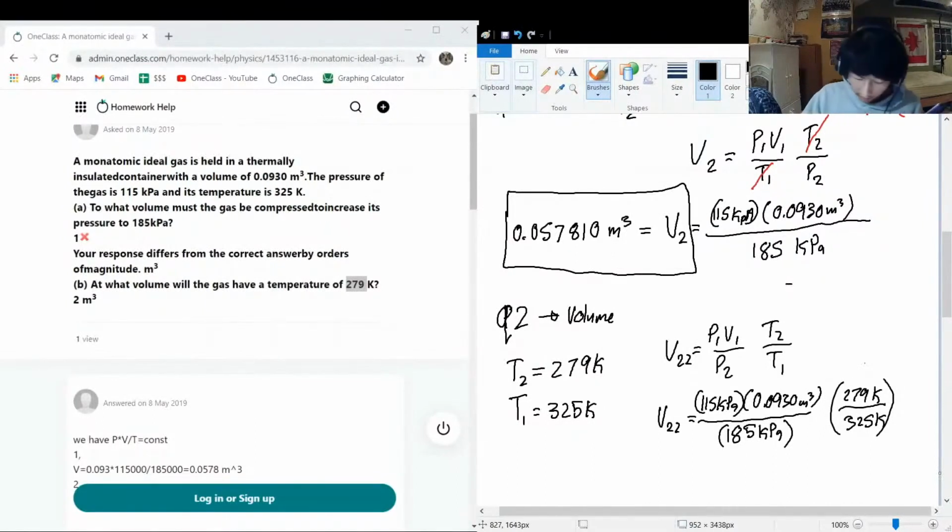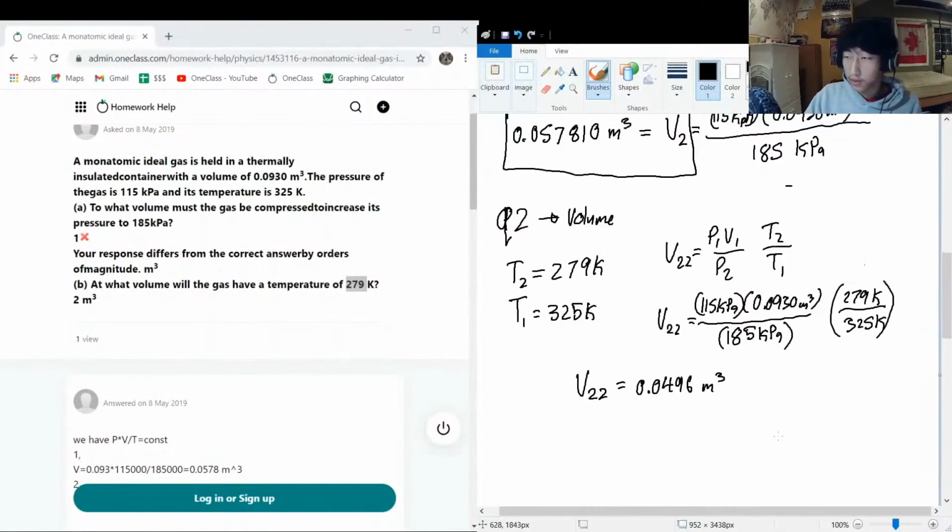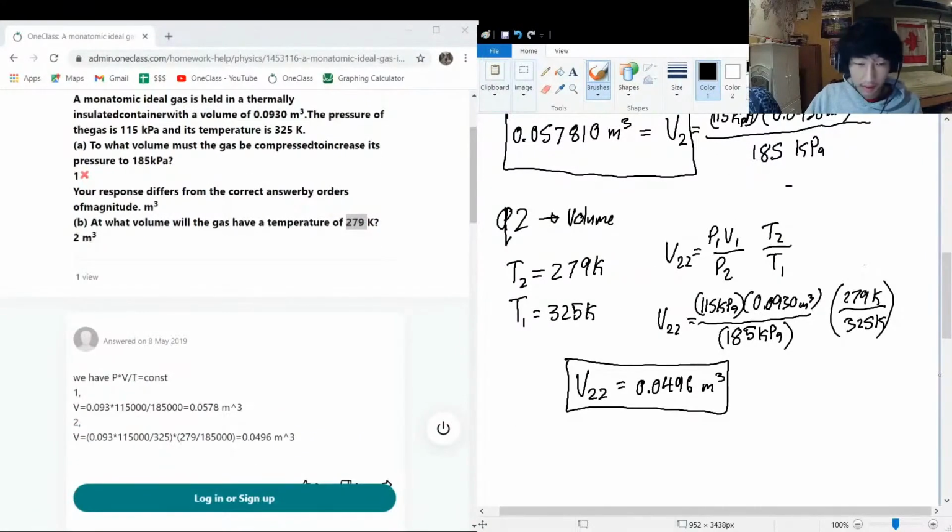The result that I calculated was V22 is equal to 0.0496 cubic meters. Okay, so this would be the result for our question here. Sounds good. And we calculate the same thing, 496. Sounds awesome.